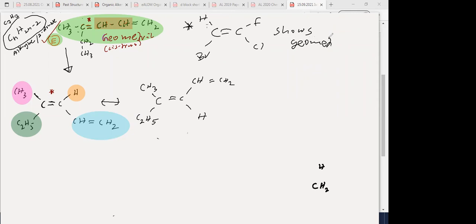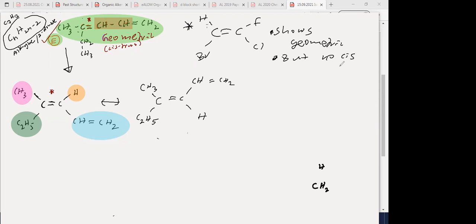Why does it show geometric? There are two different groups attached to each carbon. Each carbon, two different groups. So then vertically they are different, no? Vertically they are different. Horizontally they can be equal, but here horizontally also different, vertically also different. So it's geometric, but cannot be named as cis trans.